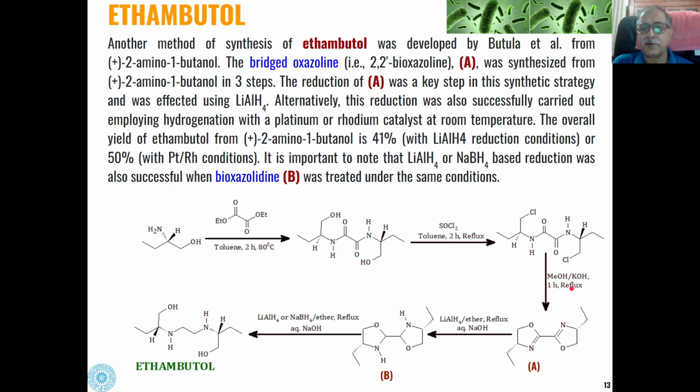On refluxing for 1 hour, they are converted into this bridged oxazoline, and then this bridged oxazoline undergoes reduction in presence of lithium aluminum hydride under aqueous sodium hydroxide, and this carbon-nitrogen double bond is converted into carbon-nitrogen single bonds, and then this undergoes further reaction in presence of lithium aluminum hydride or sodium borohydride with the breaking of this carbon-oxygen bond to give us ethambutol as the product.